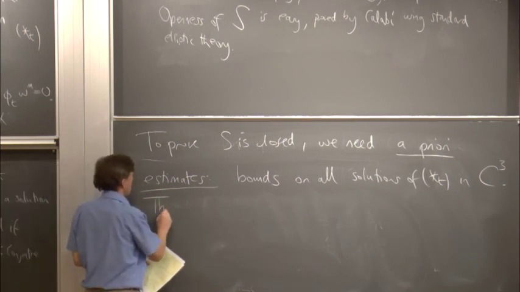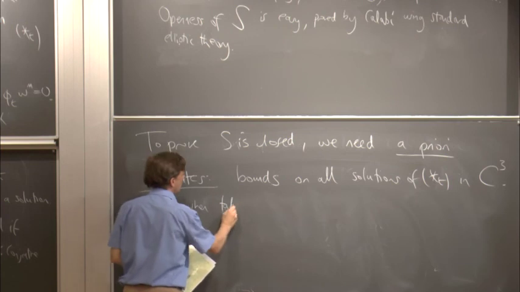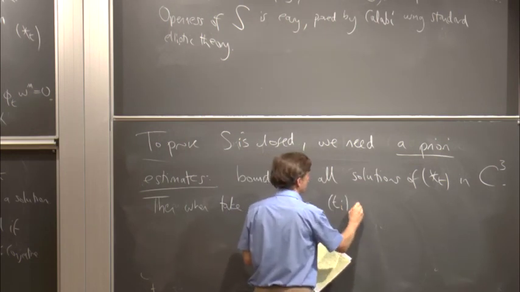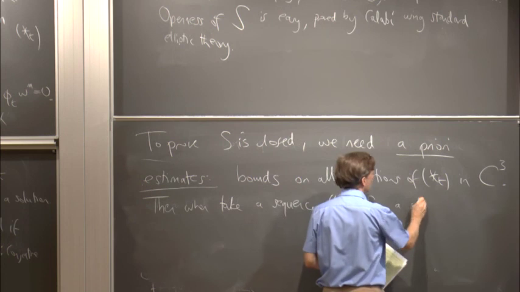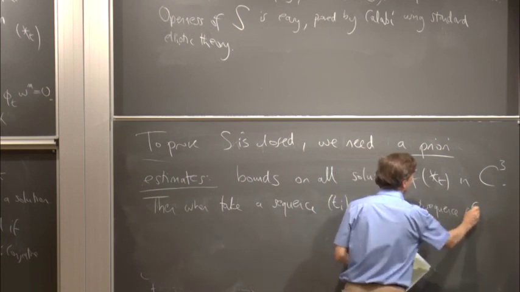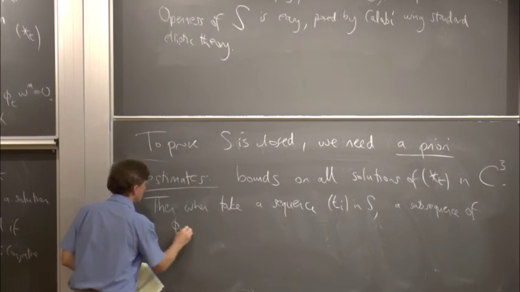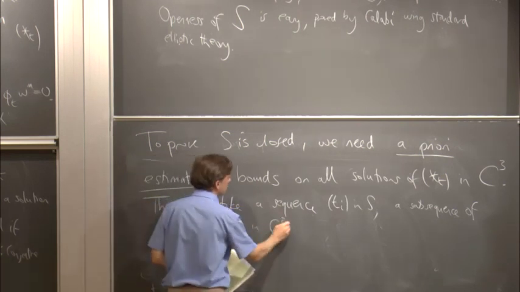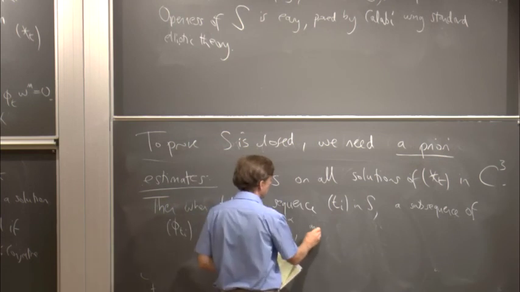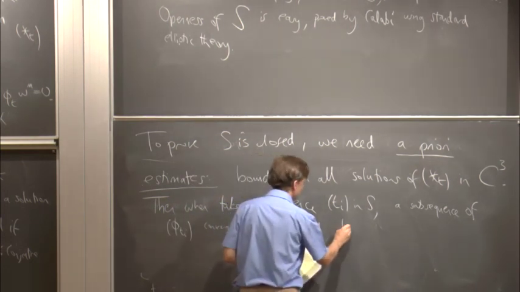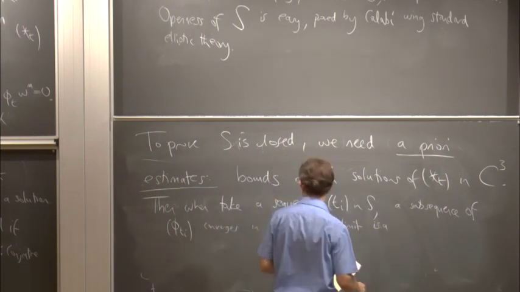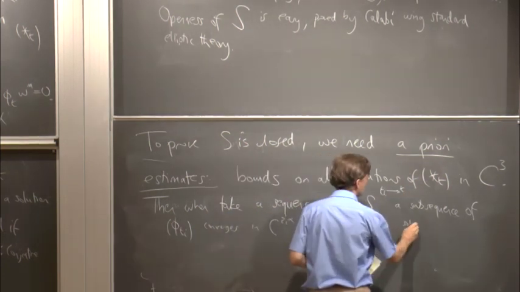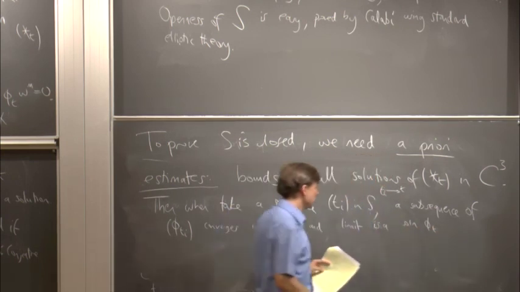So then, when we take a sequence t_i in S, then a subsequence of the phi_{t_i}'s converges, or maybe not in C^3, but in some C^{2,alpha}, let's say, and then, with t_i going to t, the limit is a solution phi_t to star t.